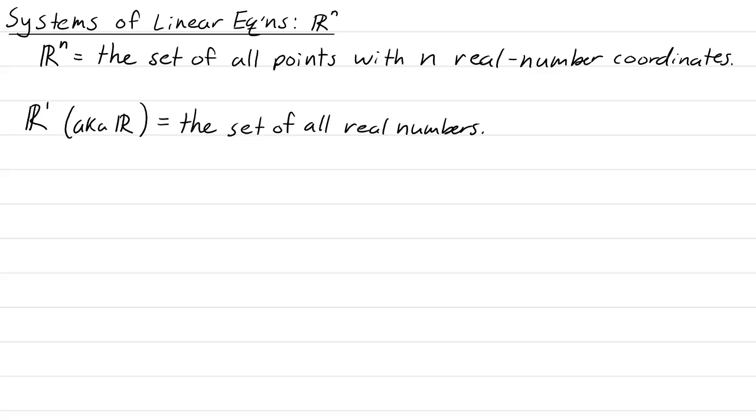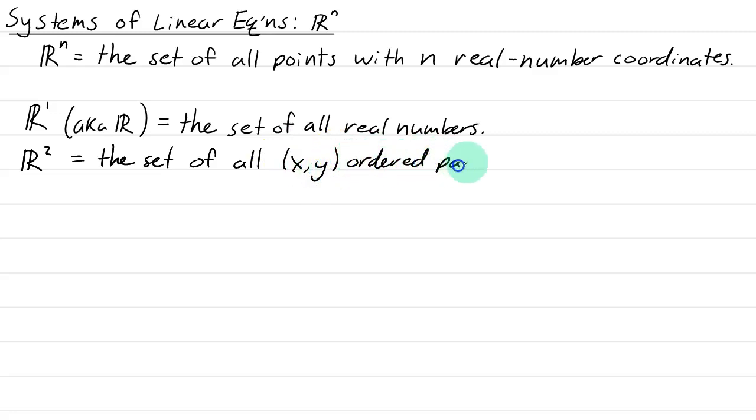And R2, you've worked with a lot, is the set of all ordered pairs. And R3 stands for the set of all x, y, z ordered triples.